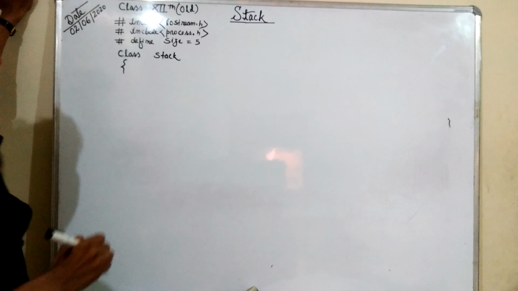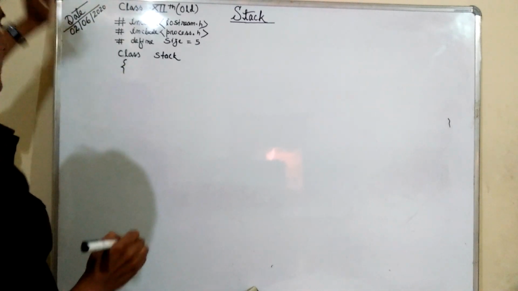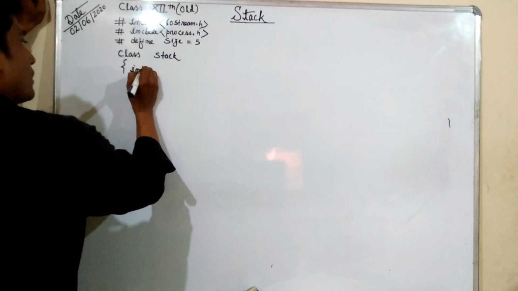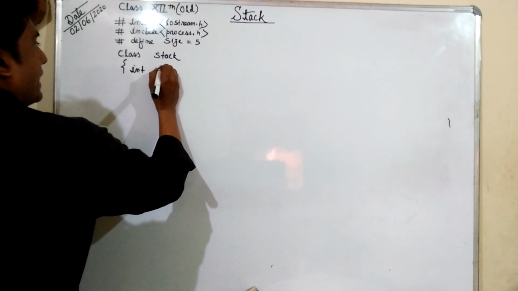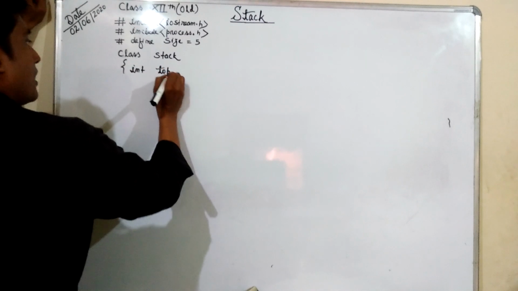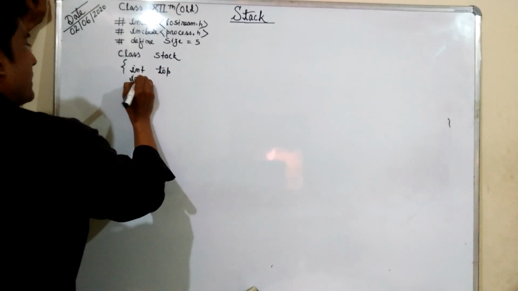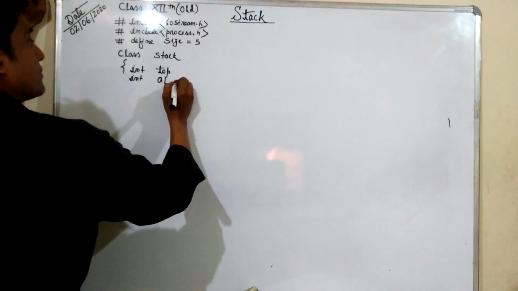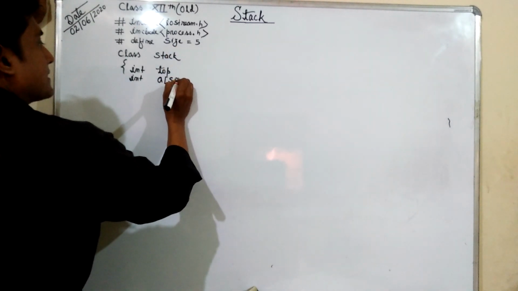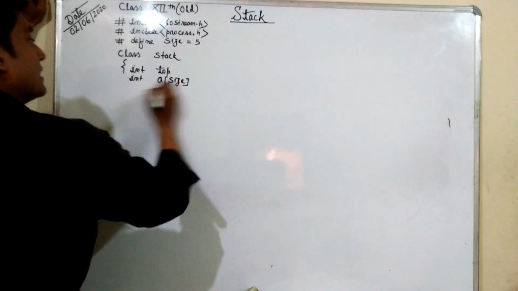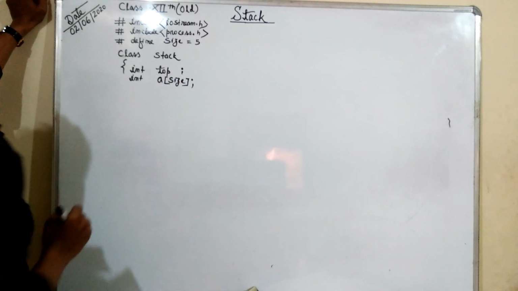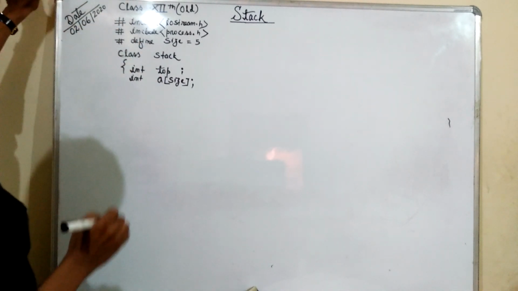Now here, I am going to take some variables, which are called the data members. The data members are first top, and second an int variable size. I have taken the size already, so here I have taken the size and put the semicolon. Now I have taken the two variables.